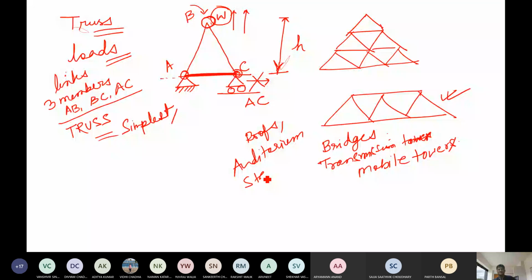Now look here at these examples I am showing you. We were talking about towers. In these towers, can you see the triangular structures here?